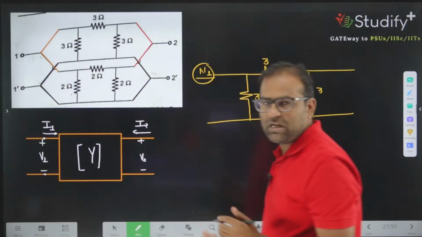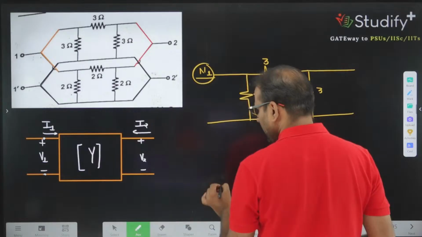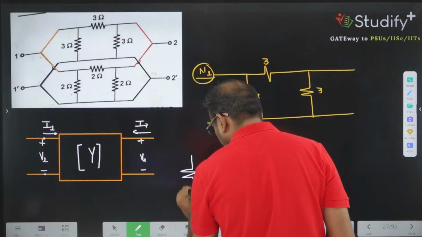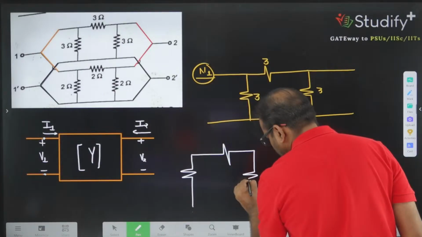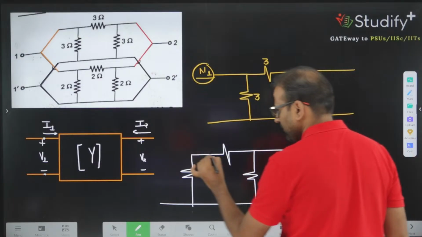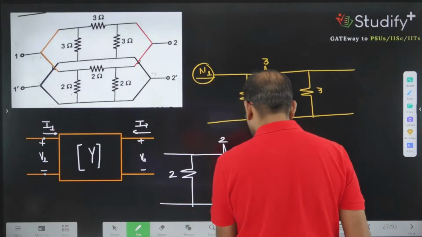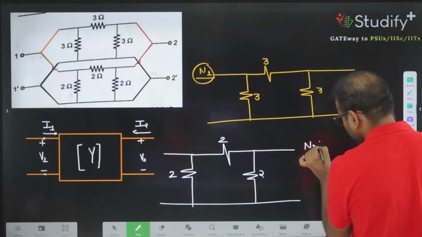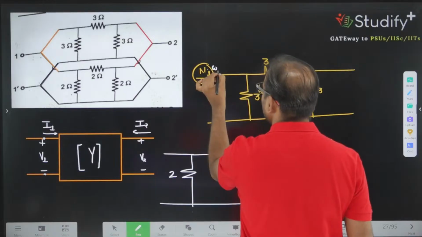So another delta is available, and network number 2 looks like this. Here we are having network number 2, in which this is 2 ohm, this is 2 ohm, and this is also 2 ohm. This is 2 ohm, this is 2 ohm, and this is 2 ohm. This is our network number 2. This is our network number 1.